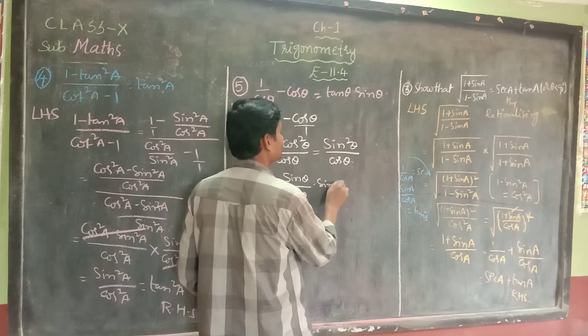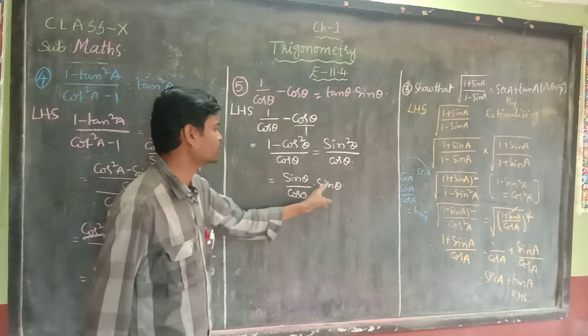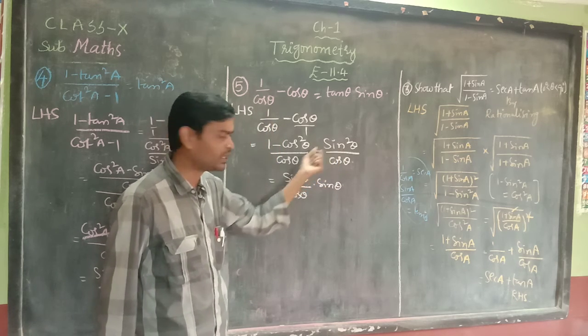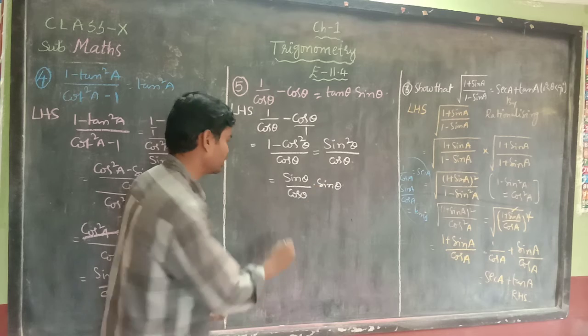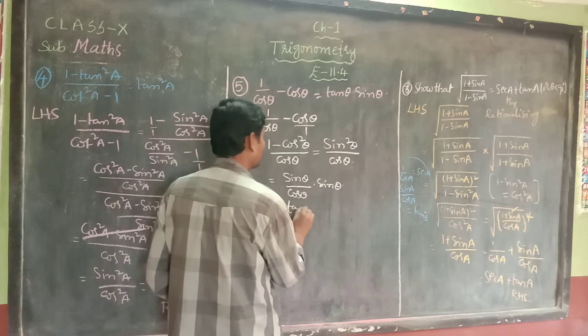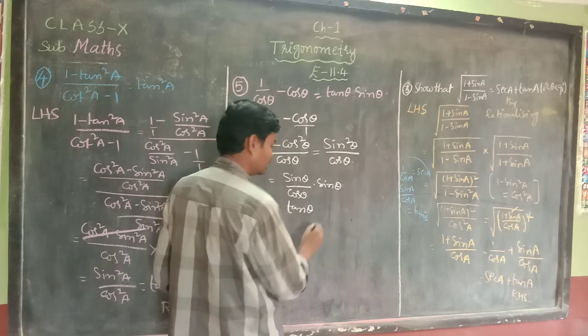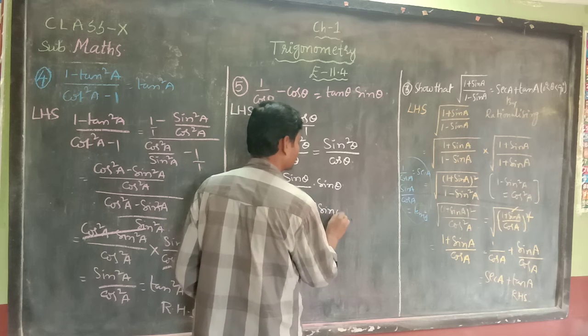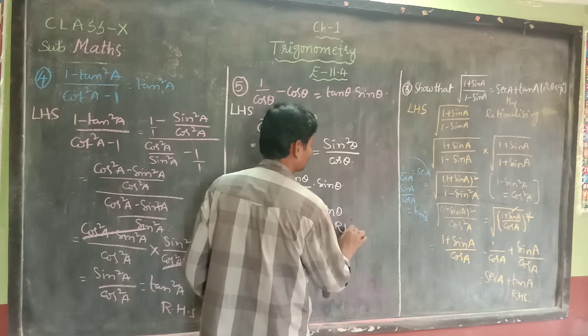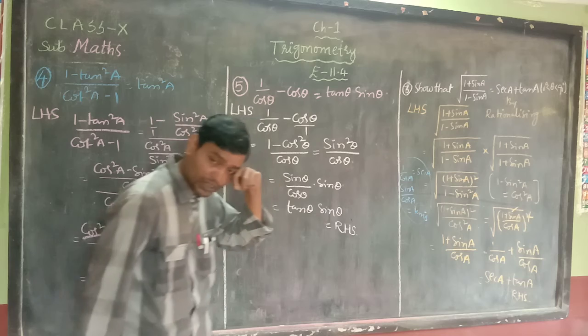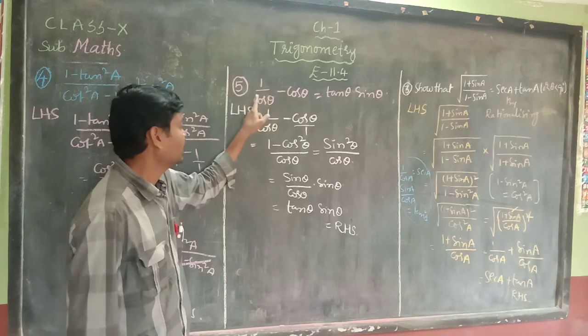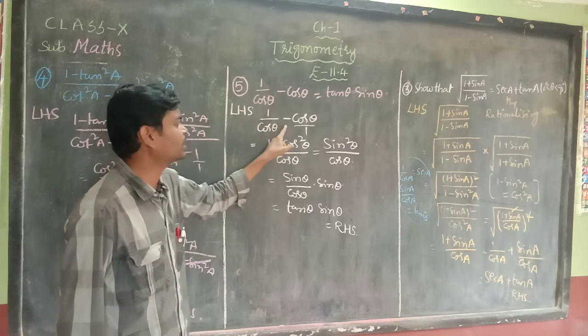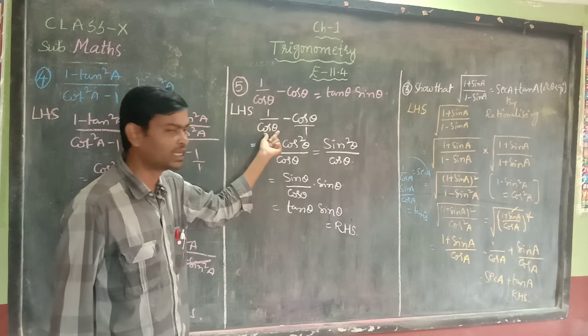Sin theta into sin theta is sin square theta. Sin theta by cos theta is tan theta, into sin theta. Once again, LHS we are taking, 1 by cos theta minus cos theta. We are taking cos theta as LCM.